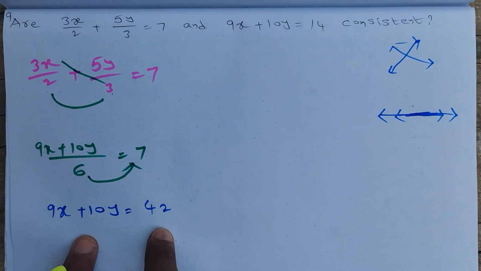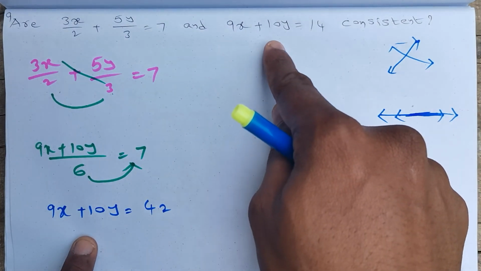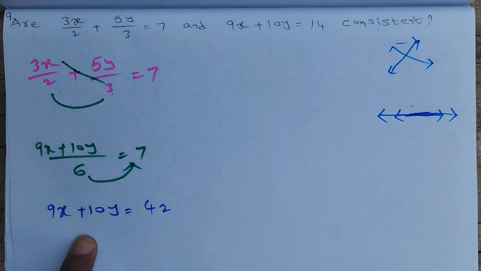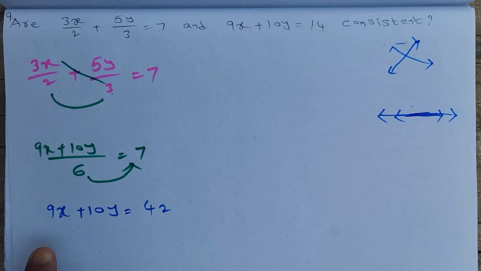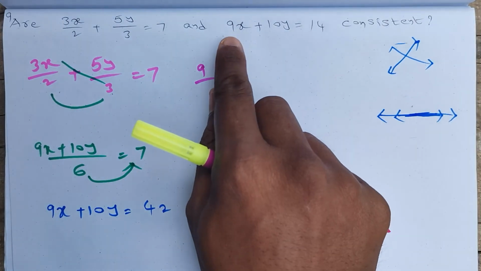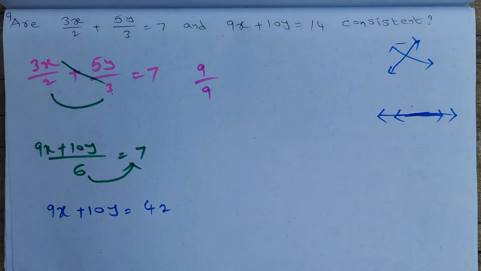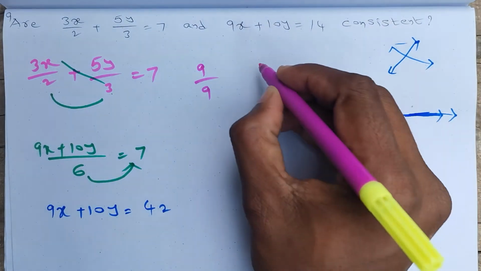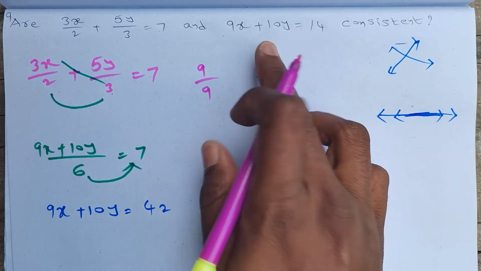So this is the first equation, and the second equation he gave as 9x + 10y = 14. So we need to check now. Here the x coefficient is 9, and here also the x coefficient is 9. Here the y coefficient is 10, and here the y coefficient is also 10.